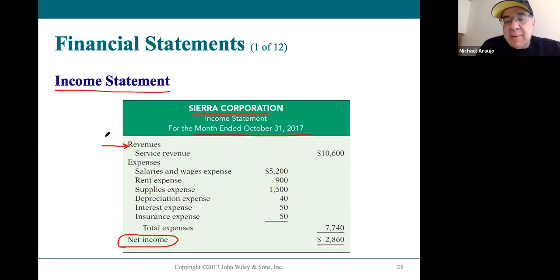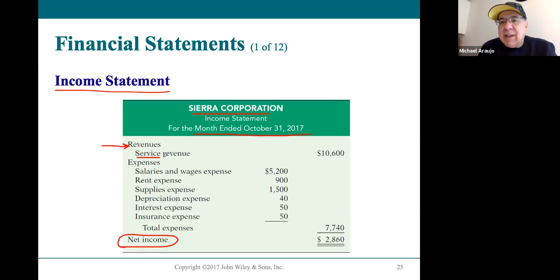Now, in this case, it's a service that Sierra Corporation is providing. A service is when you pay someone to do work for you. That's different than going to Walmart and buying goods off the shelf. That's called sales revenue. You'll see sales revenue coming up in chapter 5 when we get to merchandising.